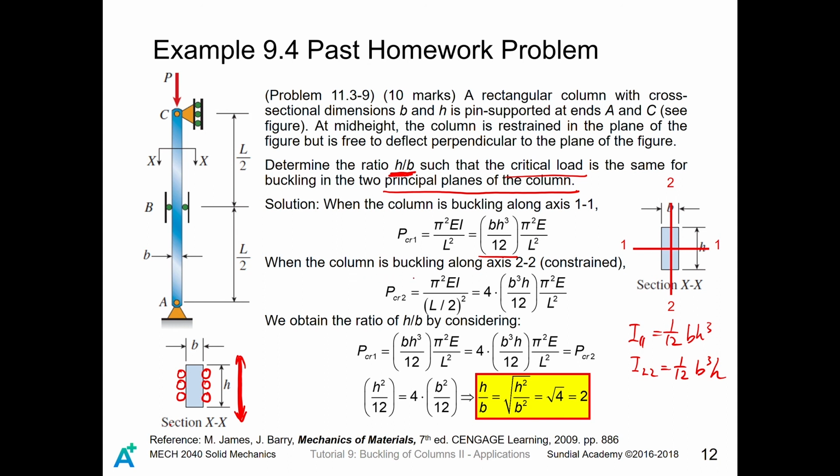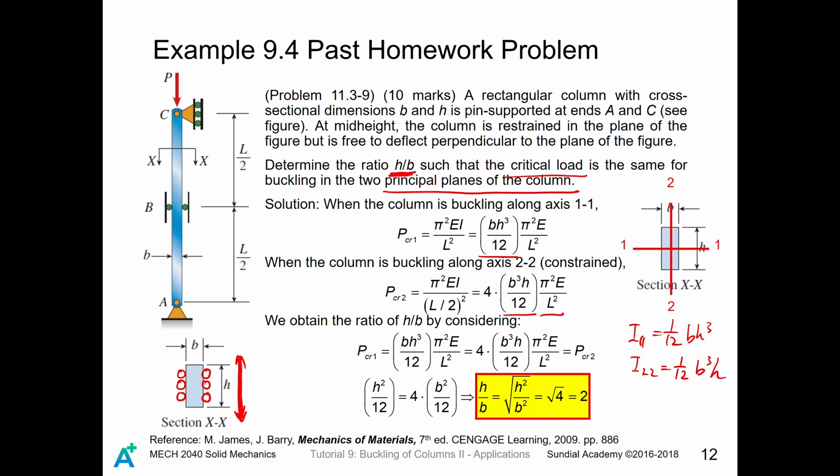If the column is buckling along axis 2, 2, then the effective length of buckling will become L divided by 2 for each section, C and A. Then this equation will become 4 times B cubed H divided by 12, which is the moment of inertia when buckling along axis 2, 2. Then pi squared E divided by L squared.